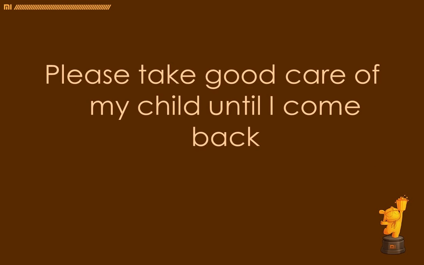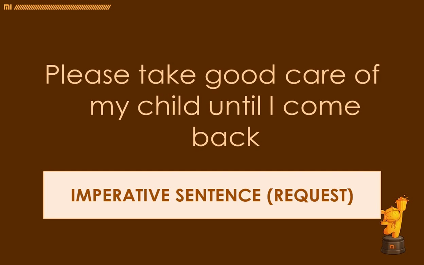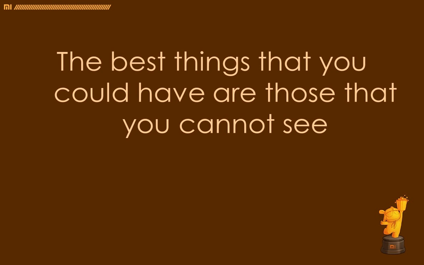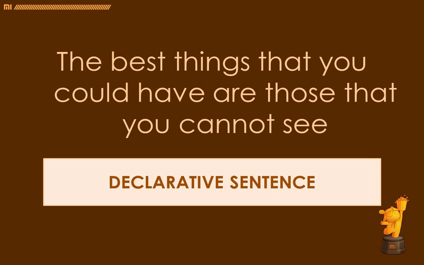Number 2. Please take good care of my child until I come back. Since the sentence started with a polite expression, it is already a request. Number 2 is an imperative sentence. Number 3. The best things that you could have are those that you cannot see. Since this is just a statement, number 3 is a declarative sentence.